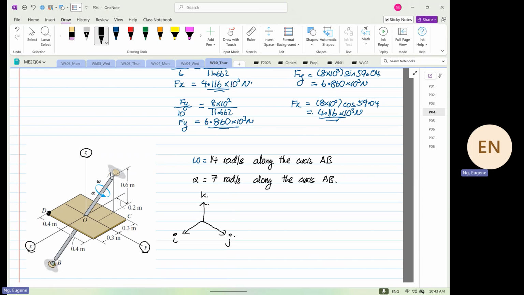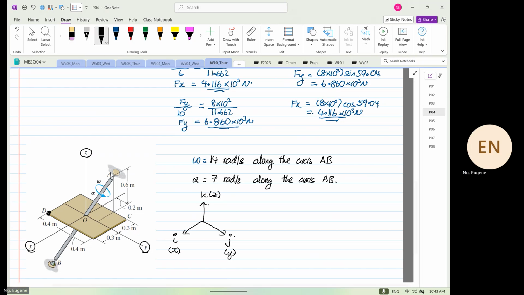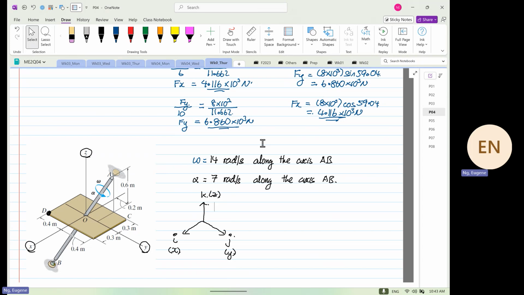Everything is relative. So always, I will be your X, J will be your Y, K will be your Z. Do not become creative. And you know that omega is in 3D space. It has an I component, a J component, and a K component.